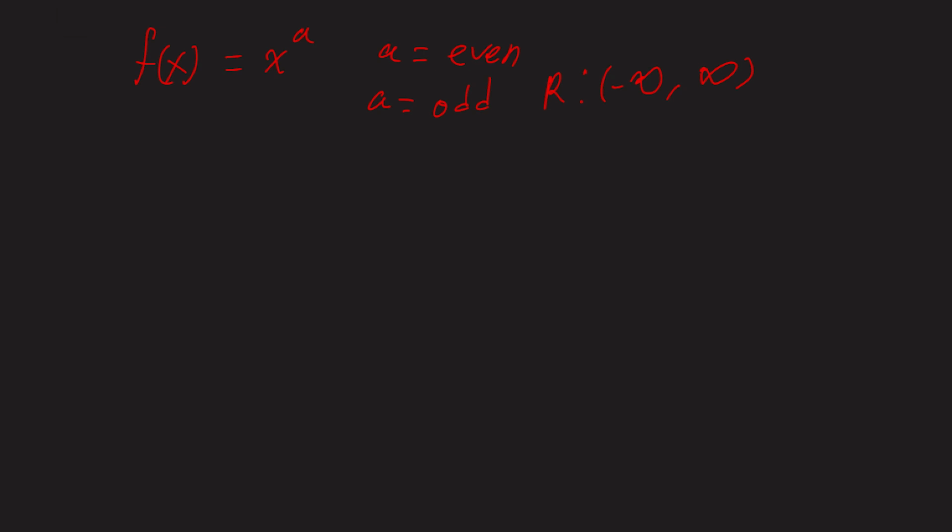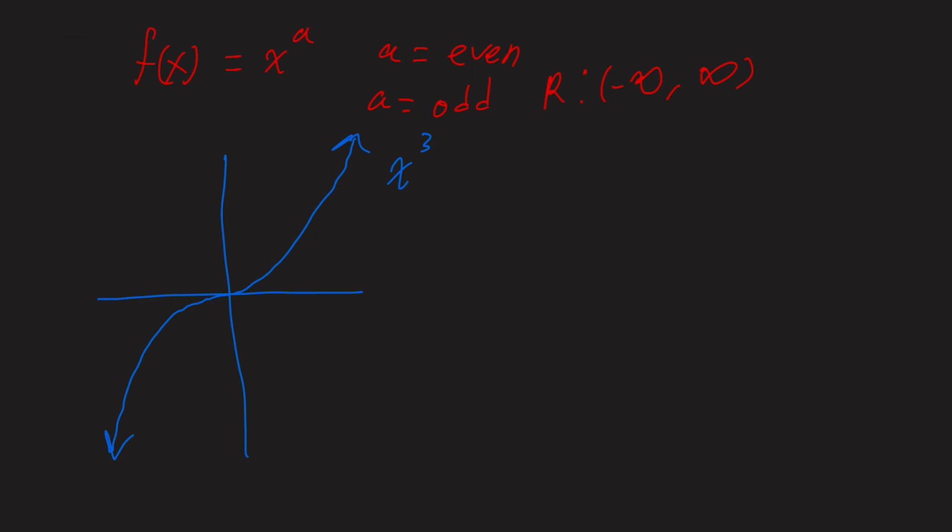An example of x to an odd power, x to the 1, you just saw was a straight line. But in favor of doing more examples, let's consider x to the 3. x to the 3 looks a little something like this, and you'll see that the range goes up and down to infinity forever.